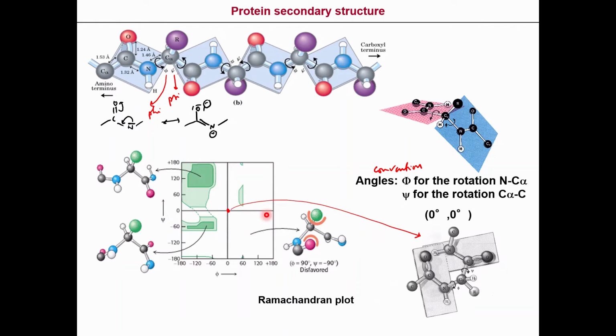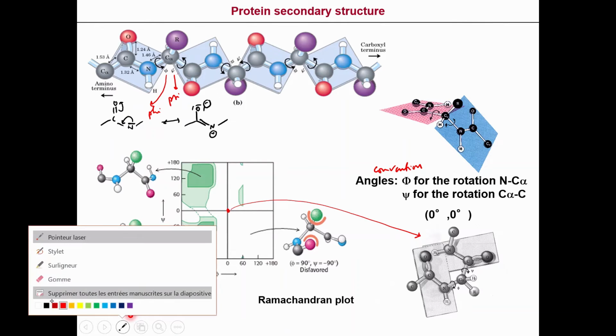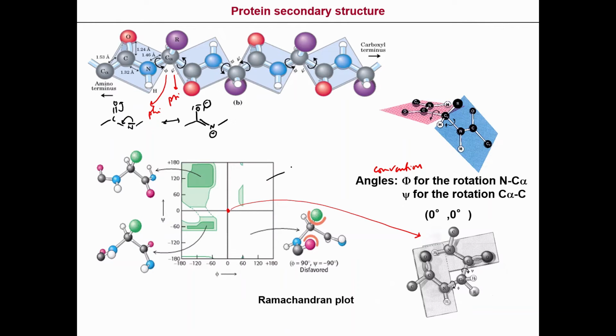Okay, so the Ramachandran plot shows the conformations permitted for most amino acid residues. Okay, so should I write? So in white, not allowed.